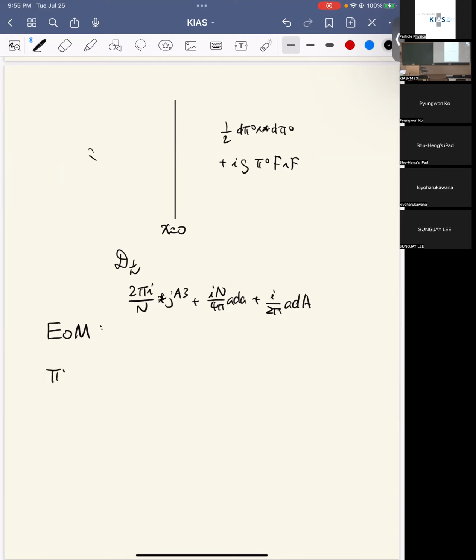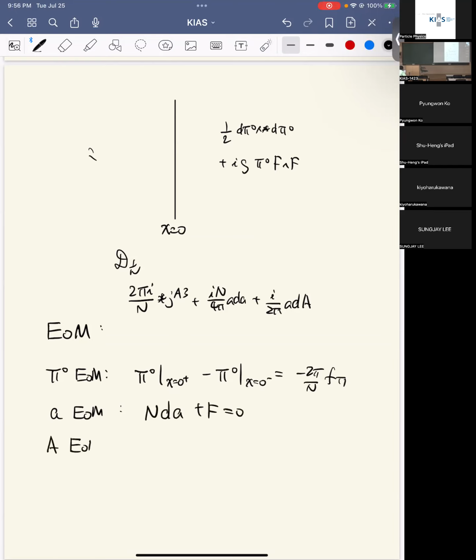The equation of motion for pi 0 gives you the following. The equation of motion for little a gives you this.